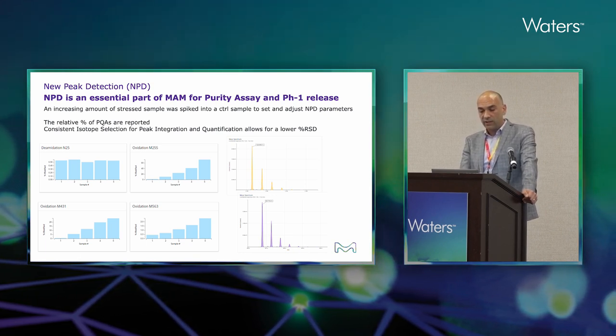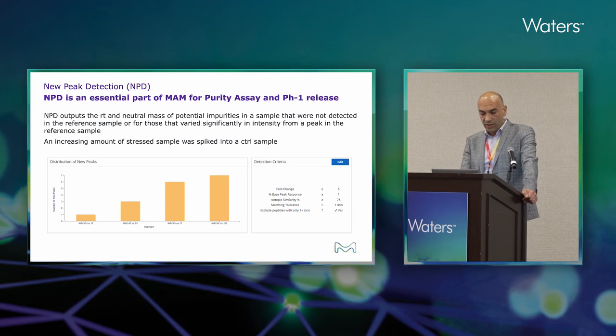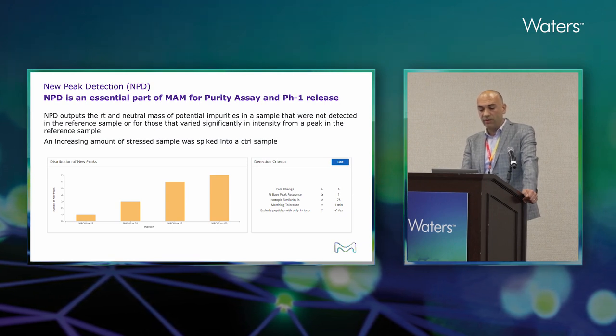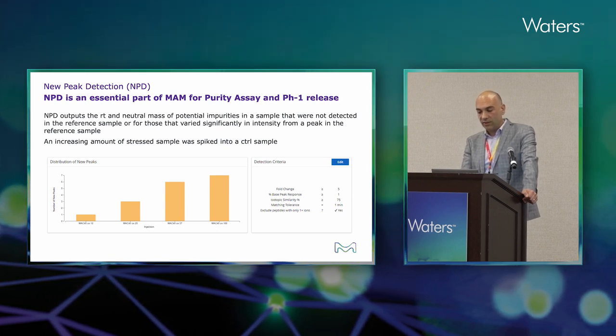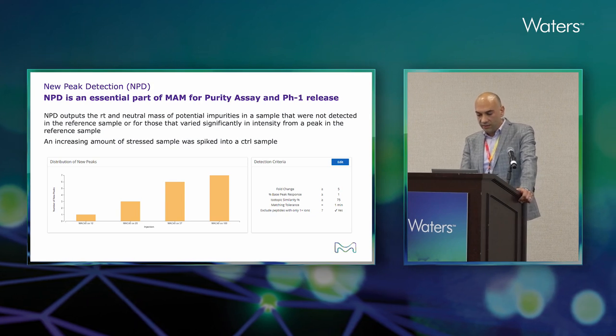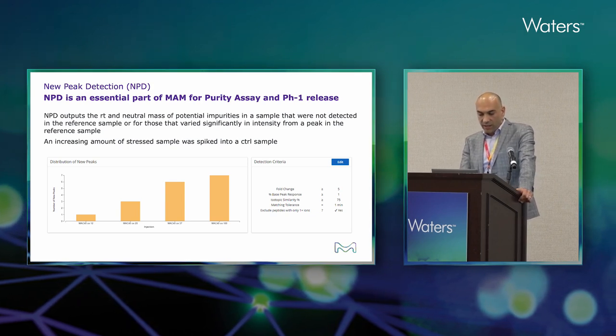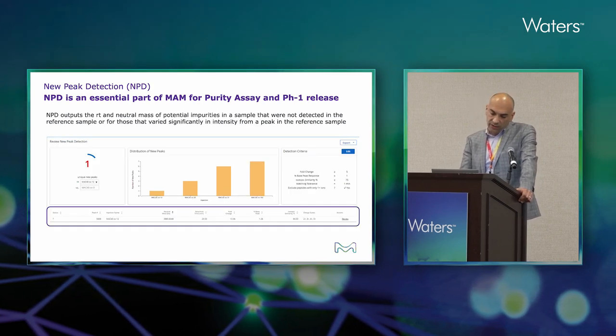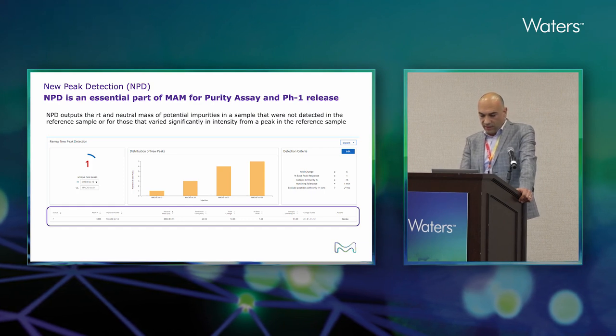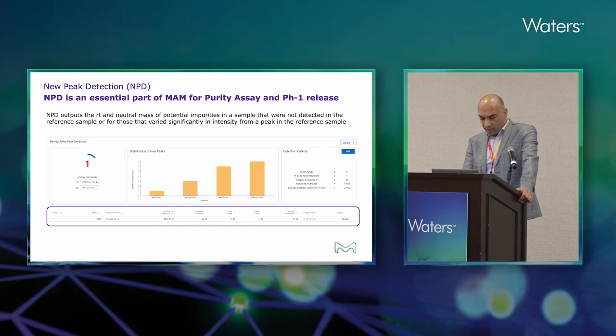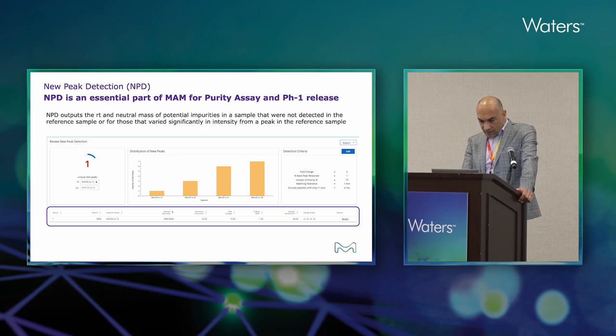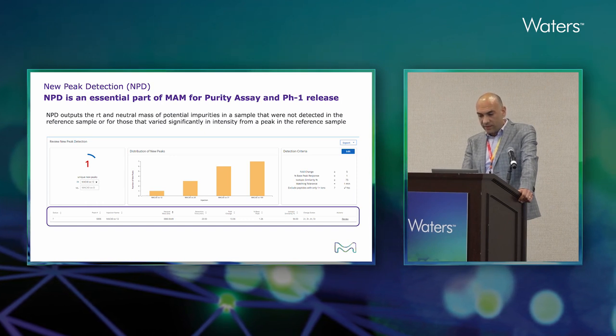Then for what concerns the new peak detection, here we got the histogram with the number of new peaks that have been detected with this detection criteria highlighted in the stress study. By clicking on the histogram, the software shows all the compounds that have been detected as new.